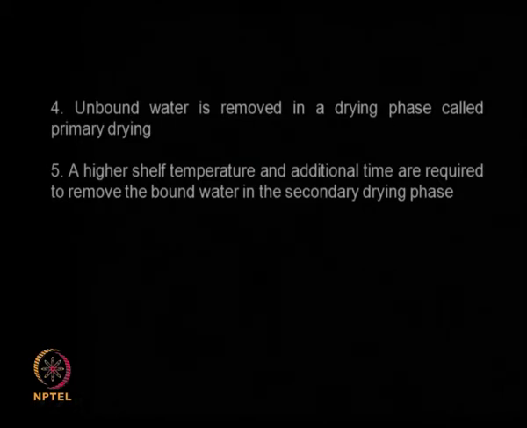Initially, in the primary drying phase, by reducing the pressure you are operating below the triple point, so the solid ice goes into vapor. In the second phase we keep the pressure down but slightly increase the temperature, so that the bound water gets removed. So these are the two steps: primary drying and secondary drying, to remove the unbound and the bound water respectively.